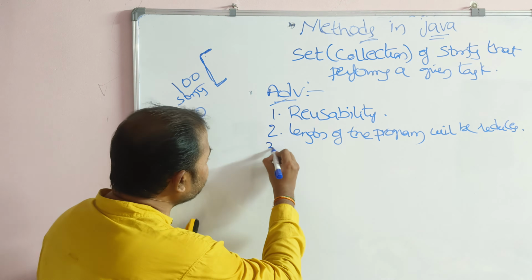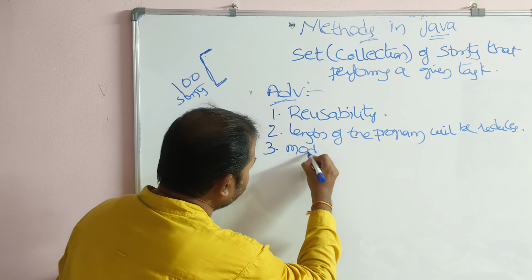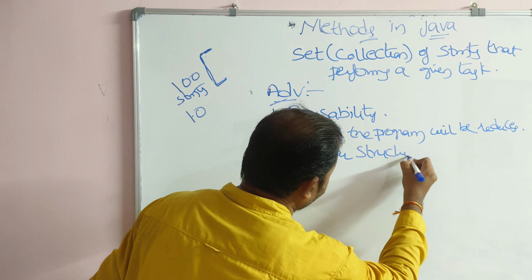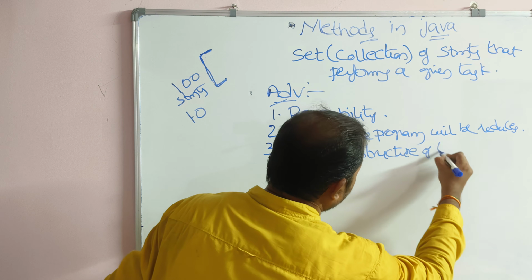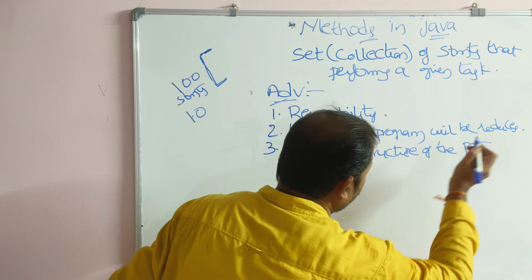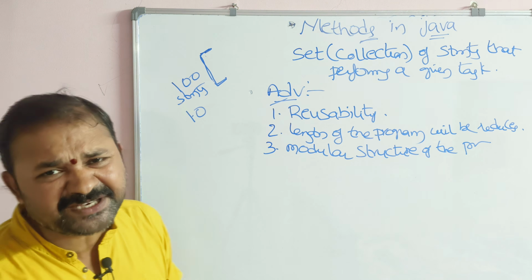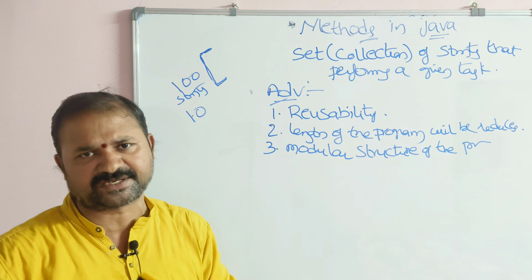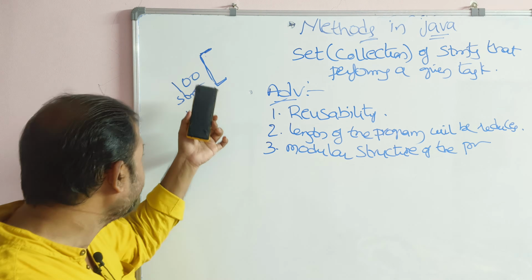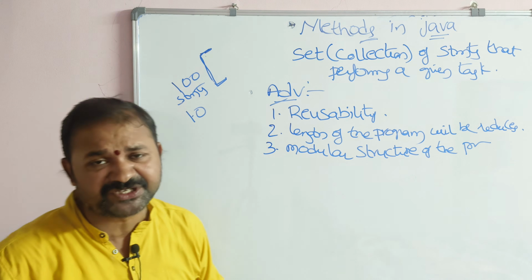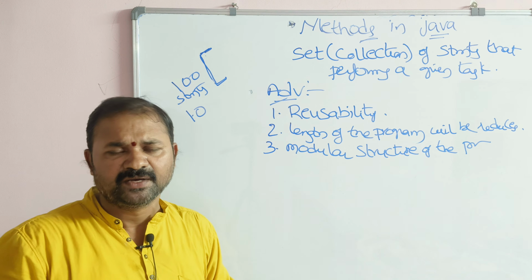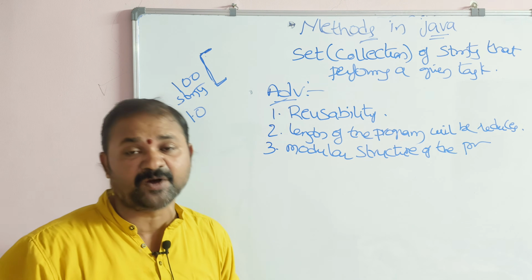And one more advantage of methods is that we can maintain the modular structure of the program. Modular structure means each method will perform a task. If you take arithmetic operations using switch, one method can perform the addition operation, one method can perform the subtraction operation.